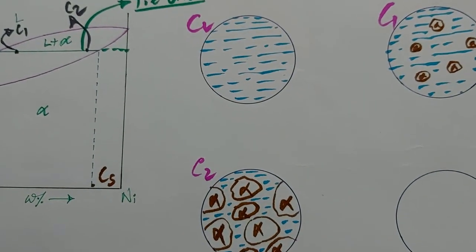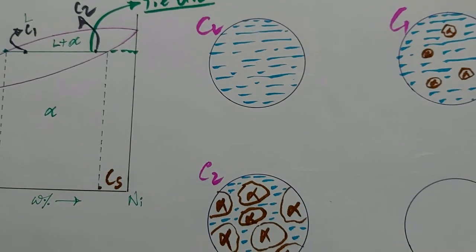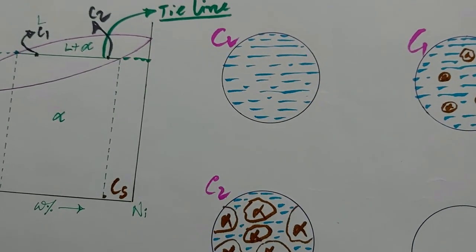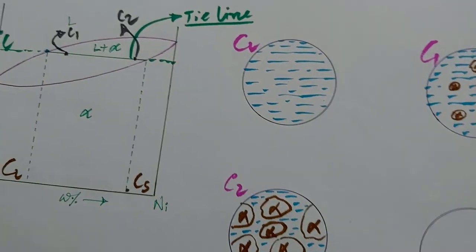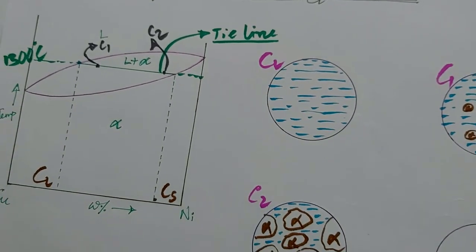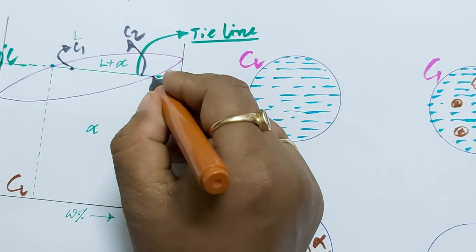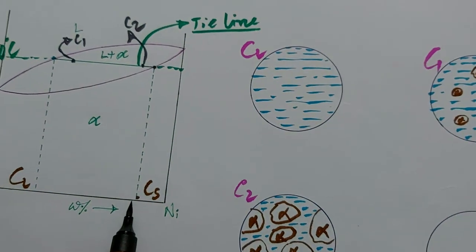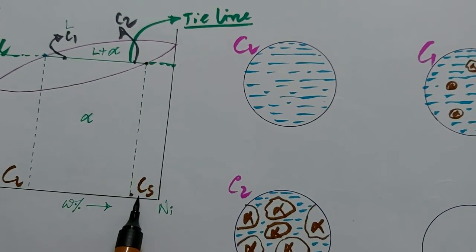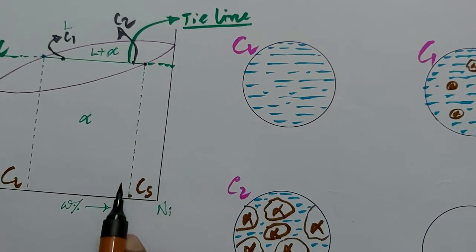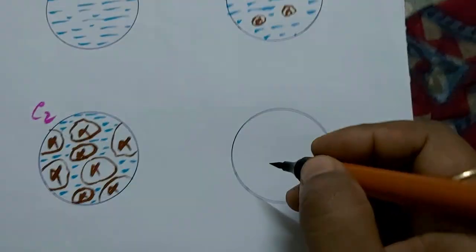Now we will see the microstructure at CS. This point, this is CS. So now we will see the microstructure of this CS composition.